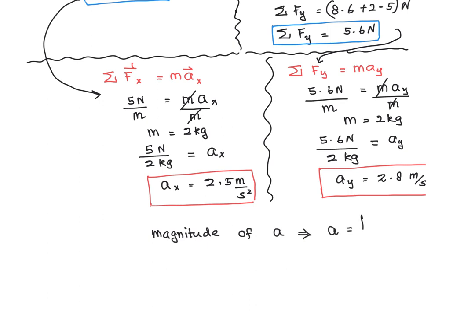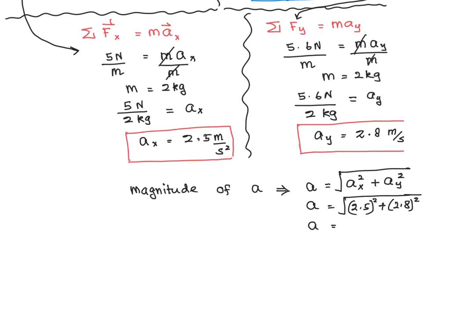A equals square root of the x component of the vector squared plus the y component of the vector squared. I'm not going to use my calculator and do all the math, but I'm just showing you what to do. 2.5 squared there, and then here you have 2.8 squared, add them, and take the square root, and finally you will end up with the acceleration, a value, in meter per second square.